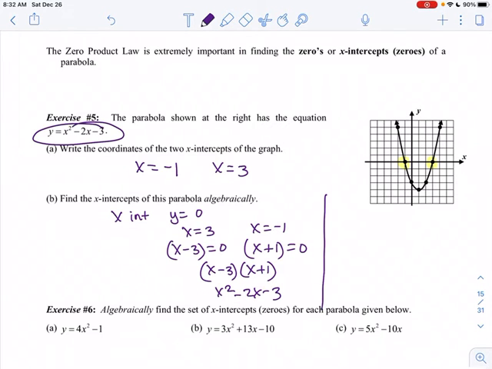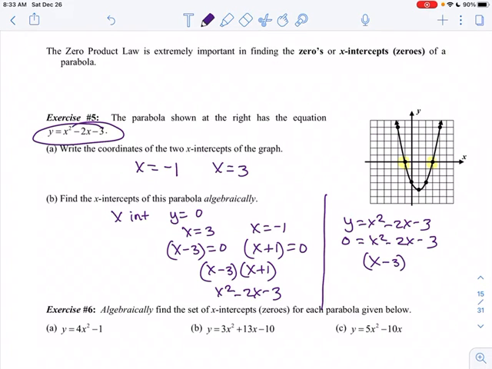All right, so again, let's start from what I had. I had y equals x squared minus 2x minus 3. I just want to show you how they're related right here. The x-intercept is where y equals 0. So I did this. I should have done this one first and then worked backwards, sorry. And then I factor it.